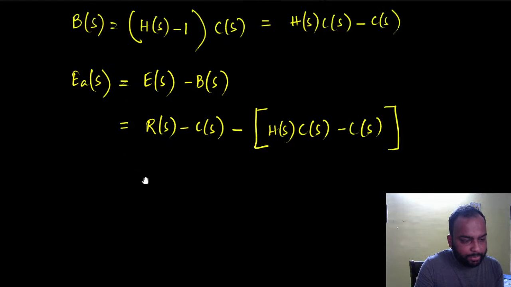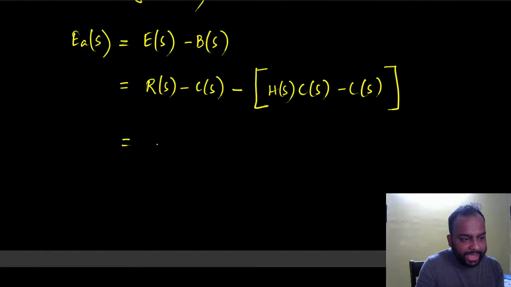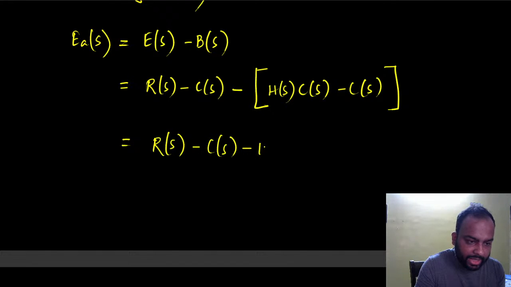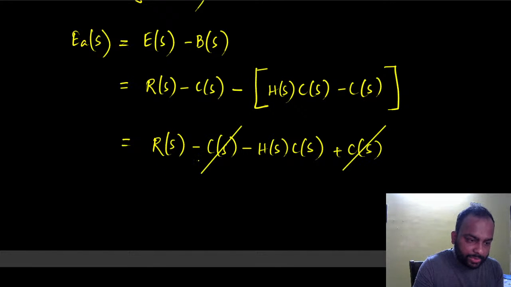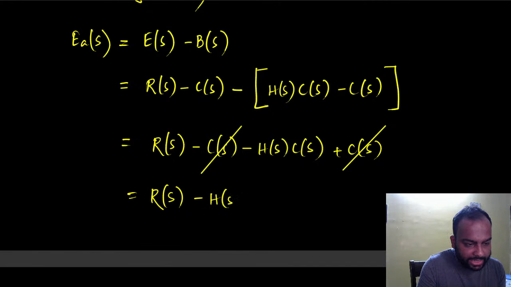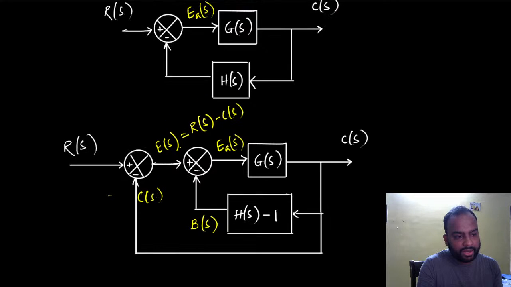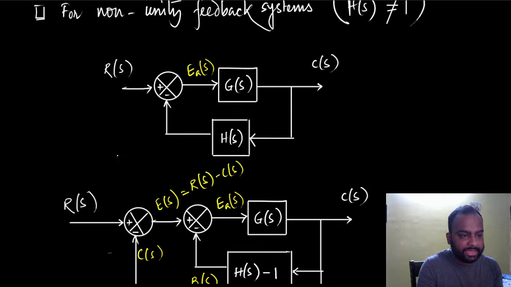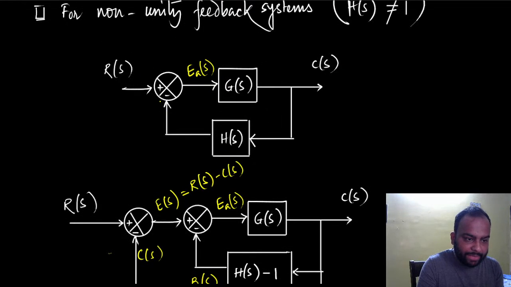If you just do the simplification, EAS becomes RS minus CS minus HS CS plus CS, and these two CS will cancel out. This will become RS minus HS CS. So that's the actuating error signal EAS. And in this figure, that is the same, because the signal that goes back in here is HS CS.